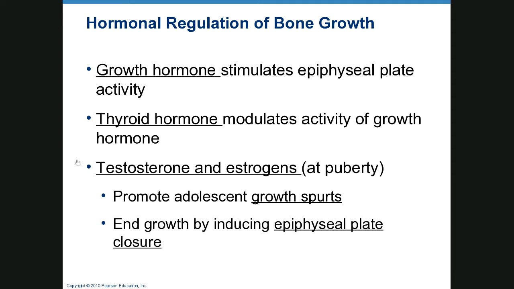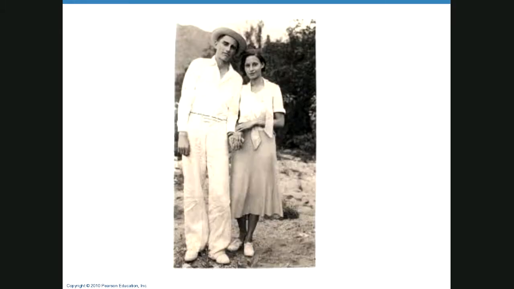Now, testosterone and estrogens, your sex hormones at puberty, initially cause a growth spurt, and then they close the epiphyseal plates. So here we have a male and a female. Most of you can tell which is which.